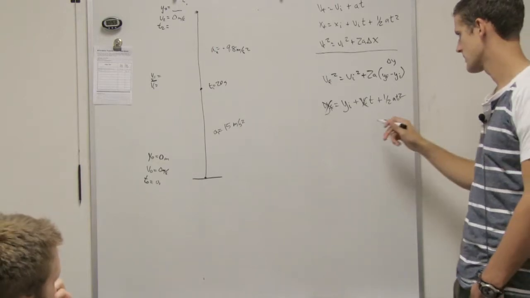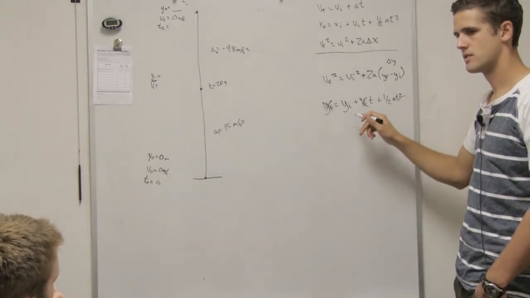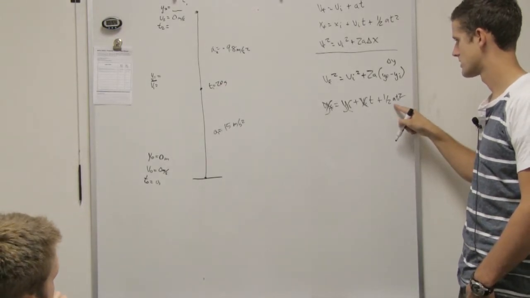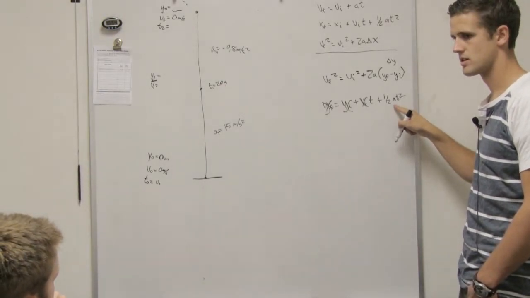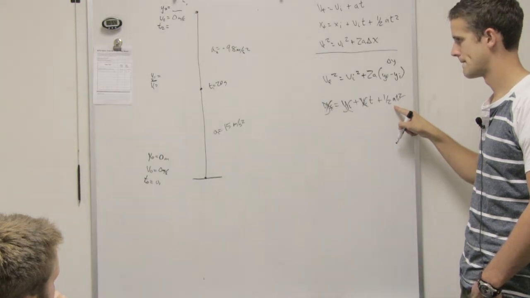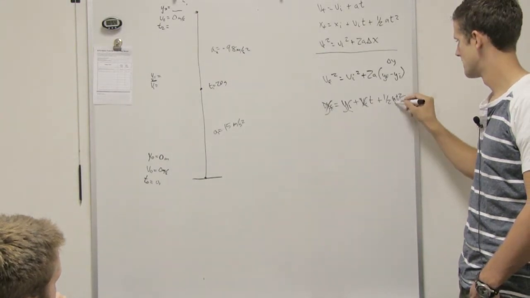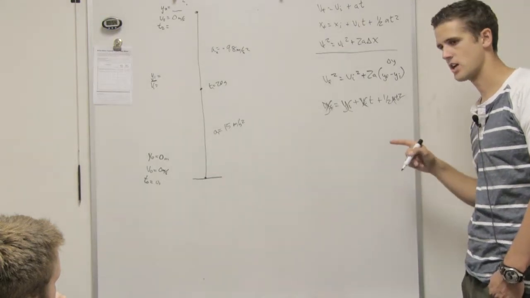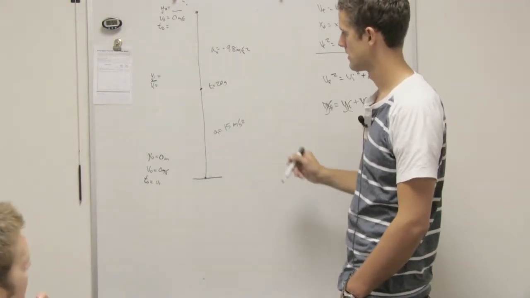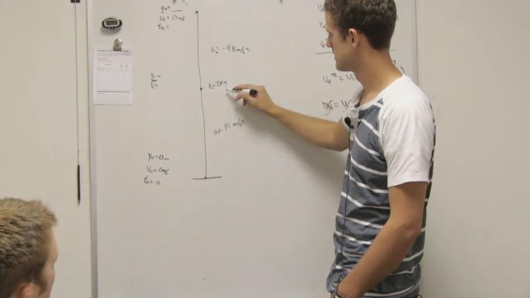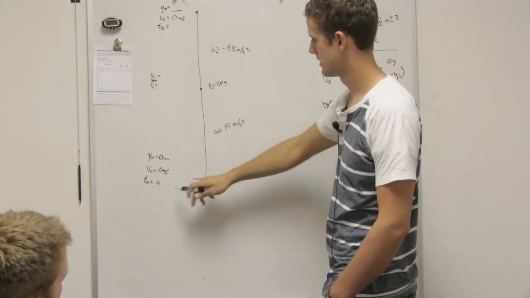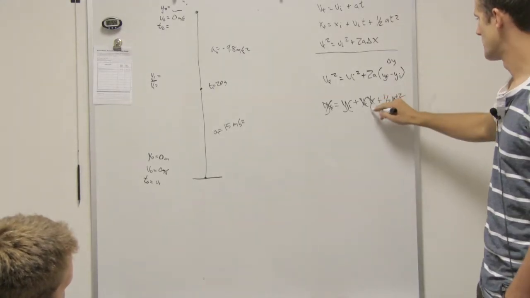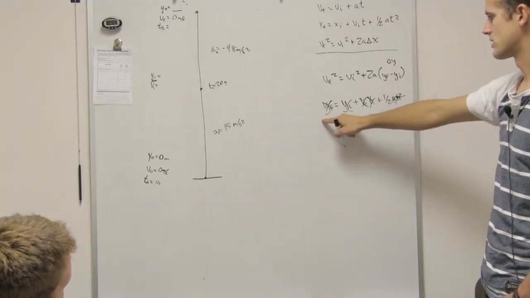Do we have y initial? Yeah. And do we have this? Yeah. And then that leaves us with time. So we have the change in time from here to here. Well, time here is 20. Time here is 0. Oh yeah, I guess we do. So that means we have everything that we need to make this equation work, right?